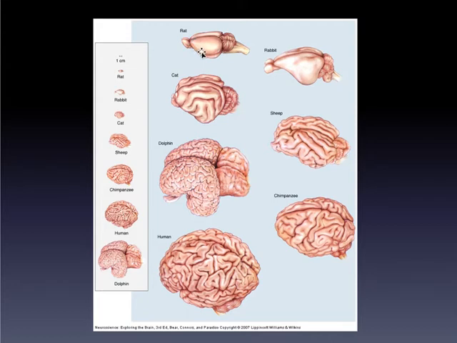The book uses the brain of a rat a lot for illustrations. And there's a few reasons for that. First of all, a lot of the studies on basic neuroanatomy have been done with rats and similar animals.